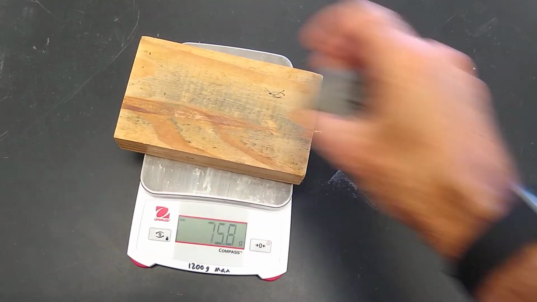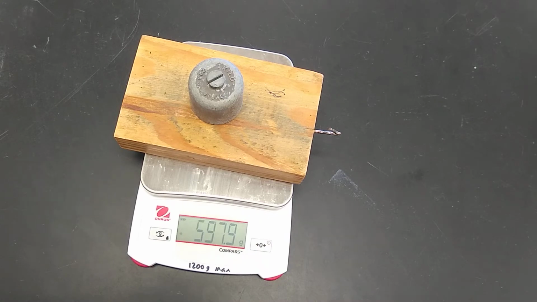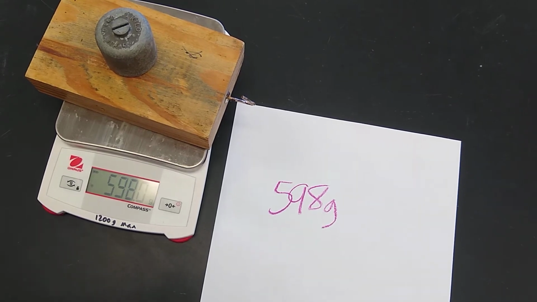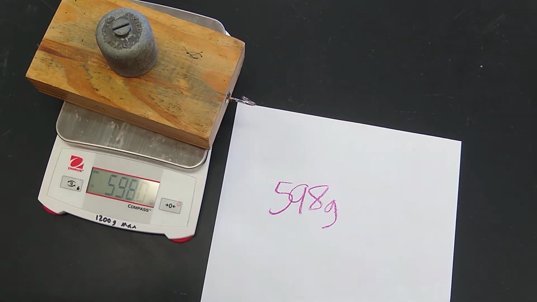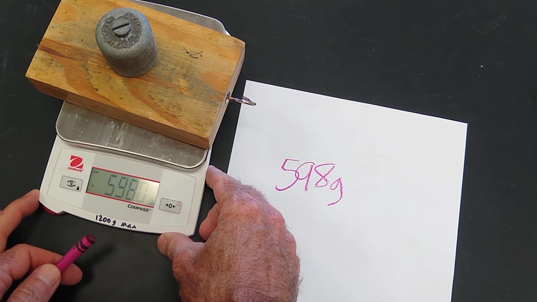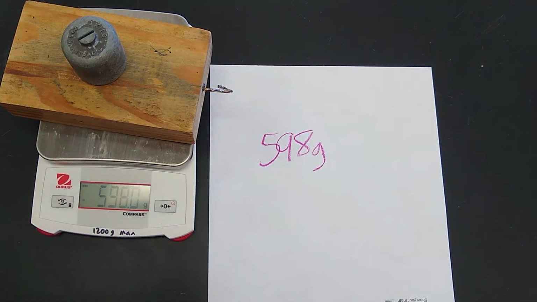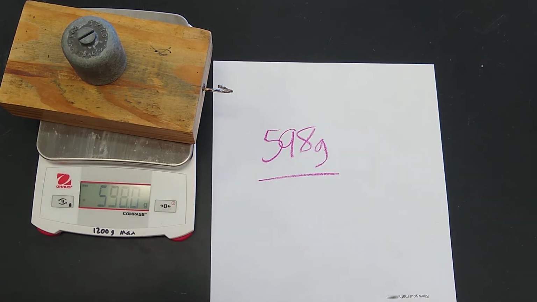Put the wood block and the weight on there, and we see that we have a weight of 597.9 grams. I jiggled this just a little bit and it changed to 598, so that makes it easier for us. So if something has a mass of 598 grams, my first question to you is, how much does it weigh?